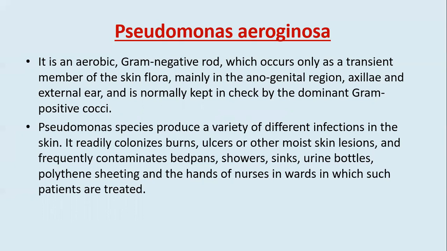Pseudomonas species produce a variety of different infections. It colonizes burns, ulcers, and other moist skin lesions, and frequently contaminates bedpans, showers, sinks, urine bottles, polythene sheeting, and hands of nurses in wards in which such patients are treated.